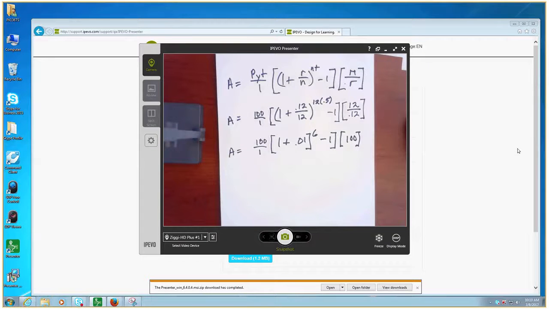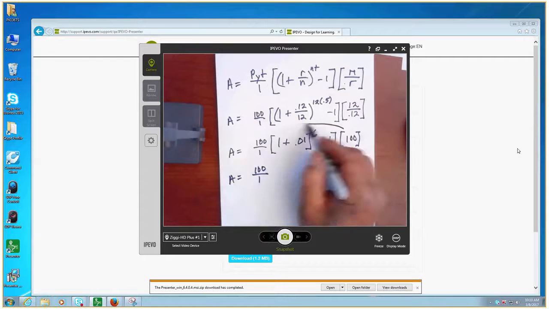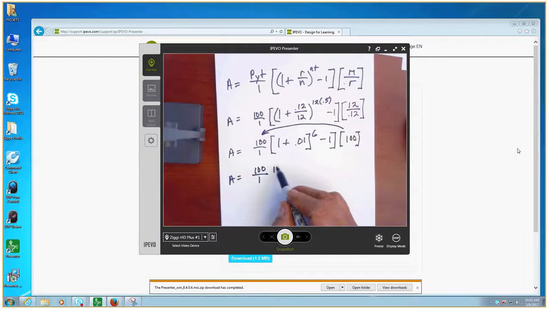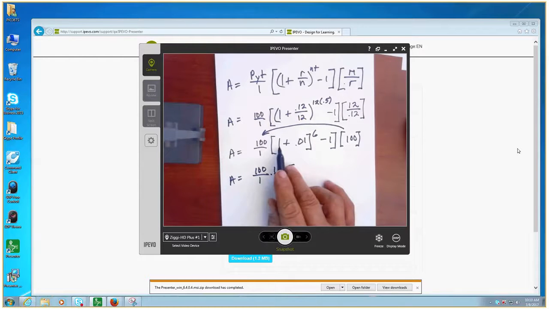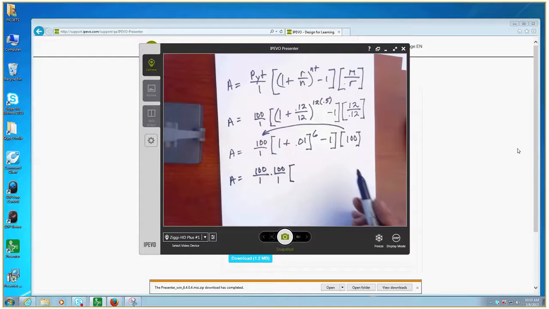So we still don't need a calculator. A is equal to 100 over 1. I'm going to bring this over here, and that'll be 100 over 1 again. Multiplied by, I think I can do this, 1 plus 1 cent, $1 plus 1 cent is $1.01, raised to the 6th power, minus 1.